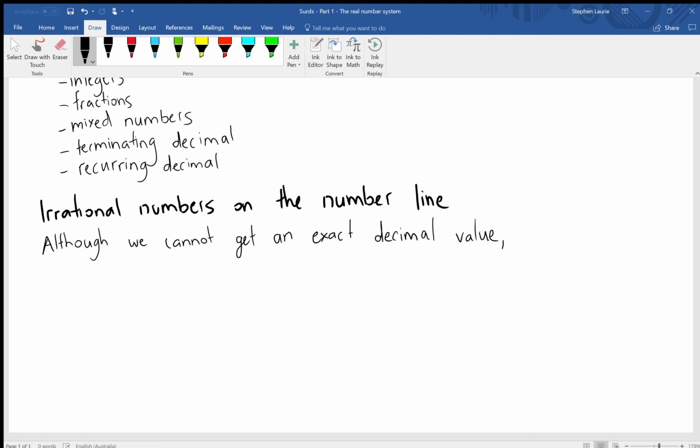So although we can't get this exact decimal value, their position can still be plotted.